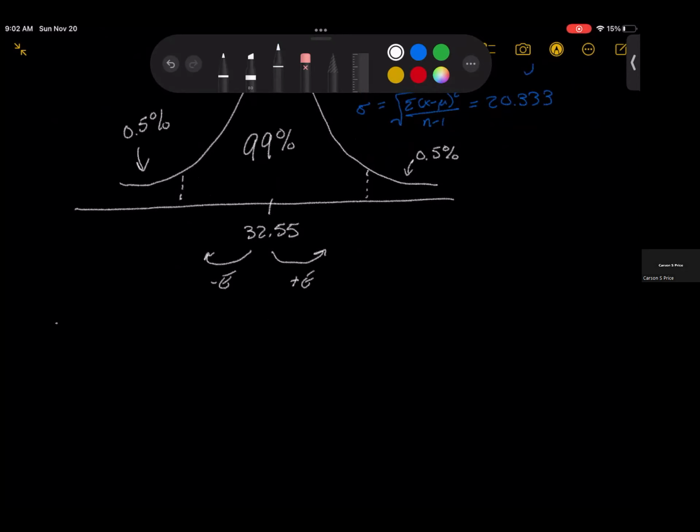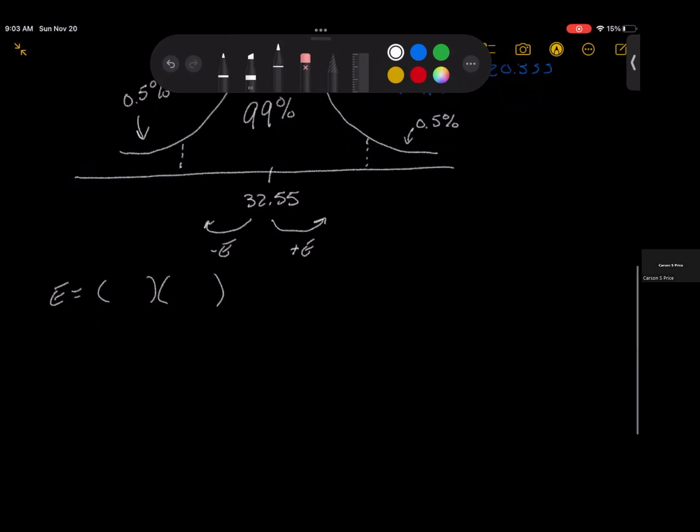What is E? E here is a critical value times a standard deviation, as it is with proportions as well. Now, the critical value that I use is t-scores, and the standard deviation that I use is the standard deviation of averages, which is the standard deviation of your sample divided by the square root of n, where n is the number of data points in your sample.